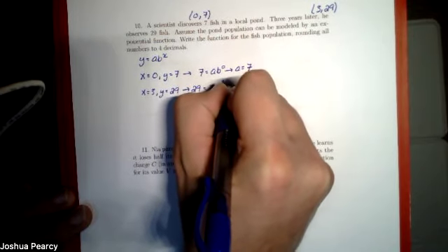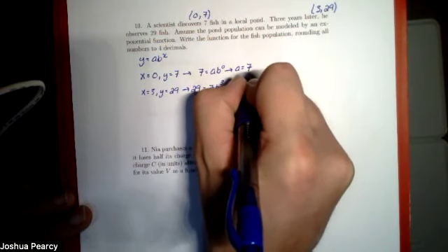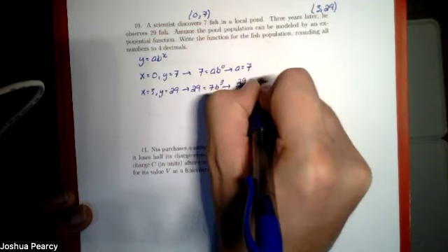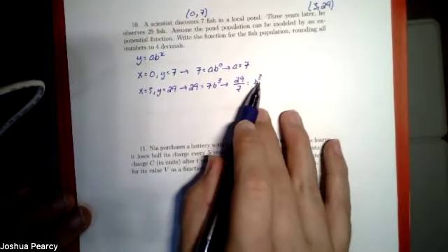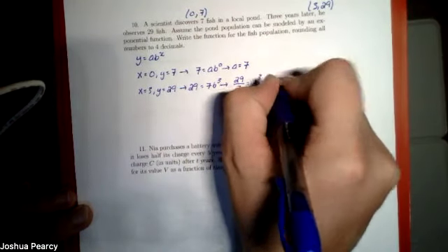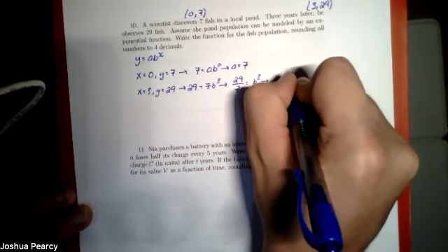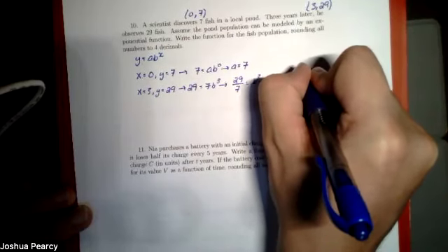Now we divide both sides by 7, and we get 29 over 7 is equal to b to the third. And to undo the third power, we cube root both sides. So b is the cube root of 29 over 7.